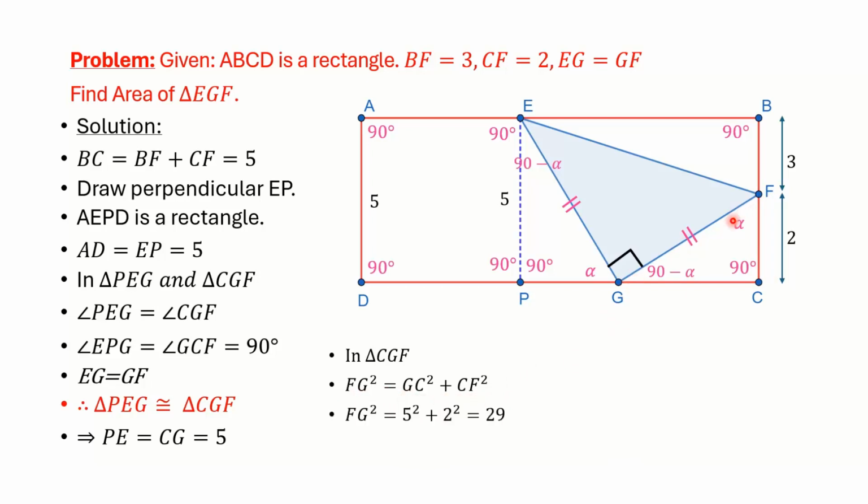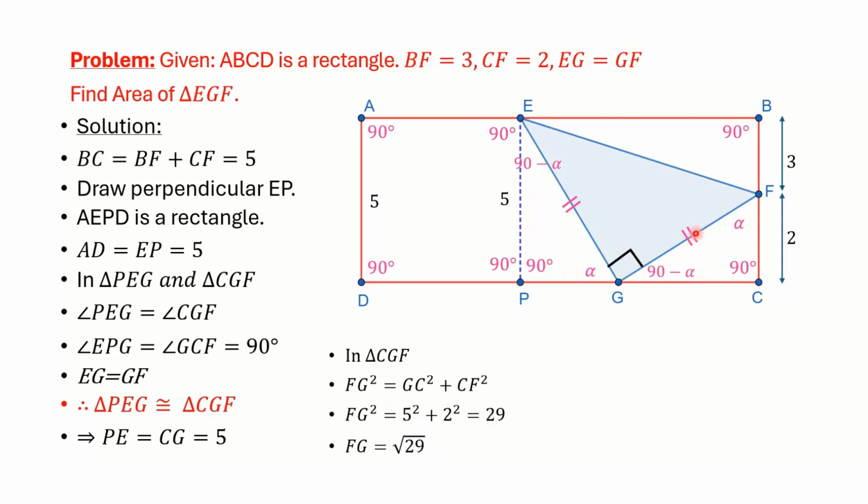So FG square equals 5 square plus 2 square, that is 29. So FG equals square root 29.